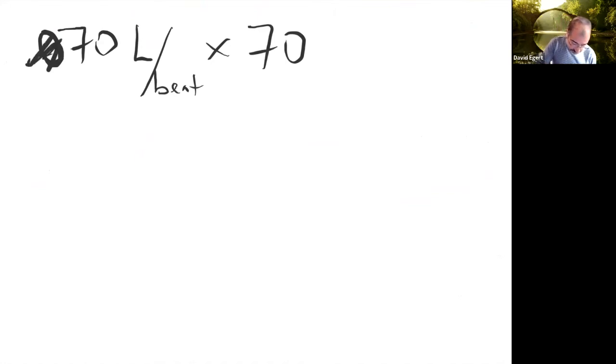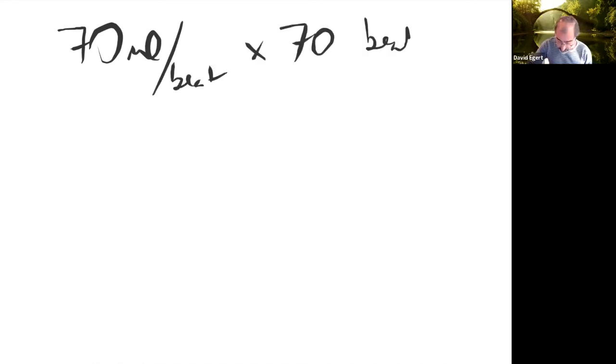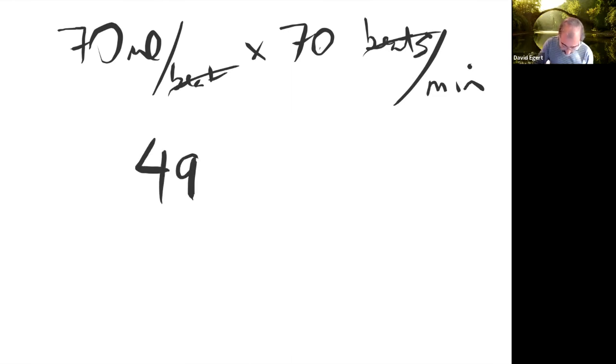Actually, let's just leave it as mils because it'll be easier here. 70 mils per beat times 70 beats per minute. Beats go away. Again, what's 70 times 70? 1400. What's 7 times 7? 49. So 49 and then the 2 zeros.